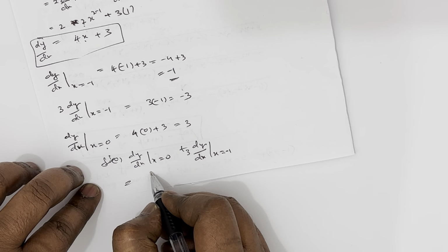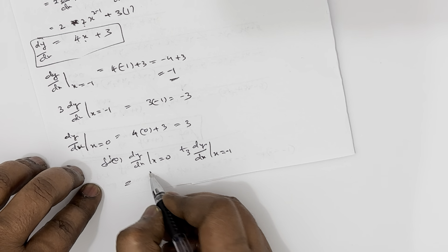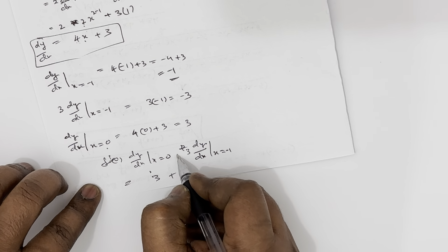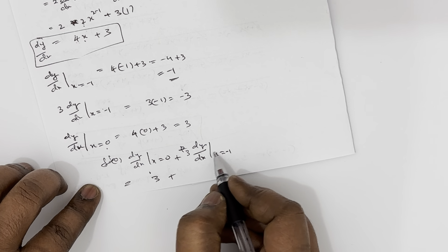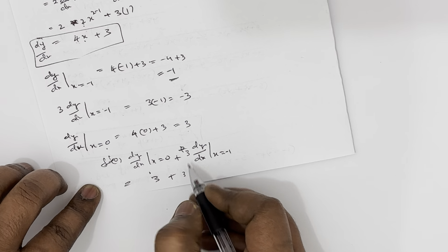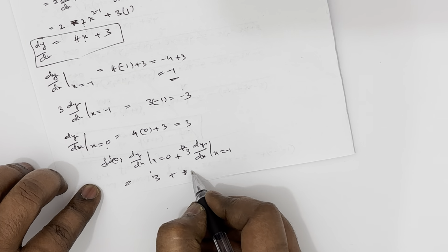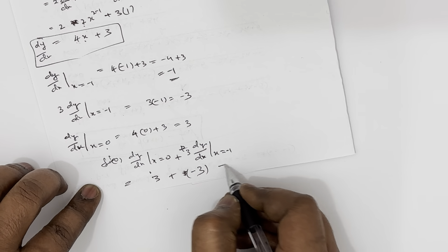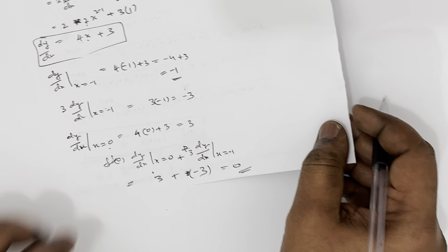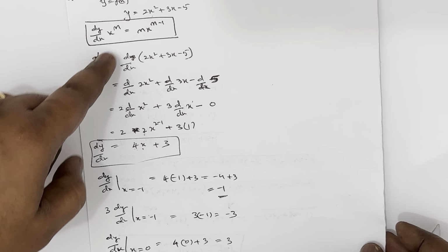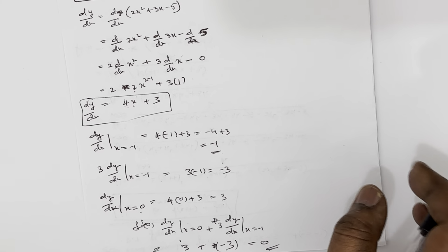At 0 it was 3 plus 3 times the value at x is equal to minus 1, that was minus 3, so 3 plus minus 3 will be 0. Okay, that's it. This is how you solve this using the power rule method.